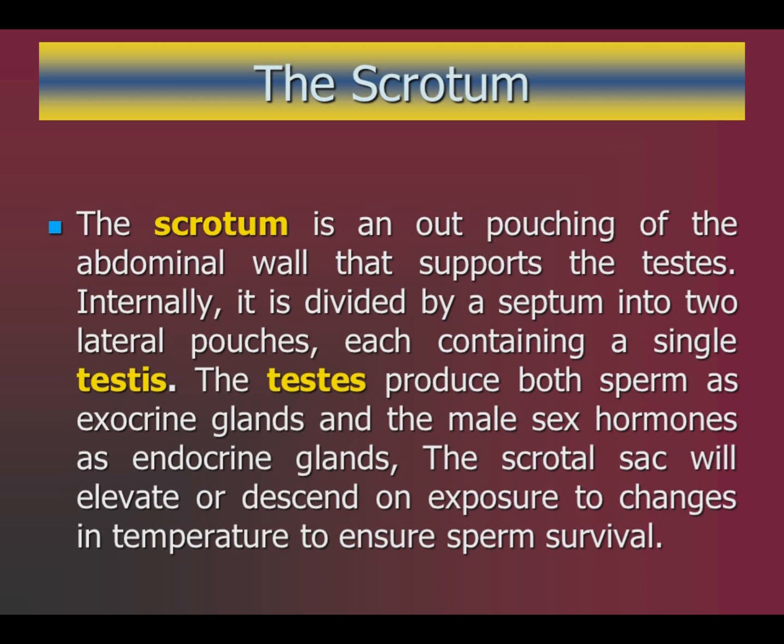The whole scrotal sac contracts, and a muscle, the cremaster muscle, located in the spermatic cord, elevates the testes. Exposure to heat, as on a hot summer day, reverses the process, and the scrotal sac hangs well below the pelvic cavity to avoid body warmth.